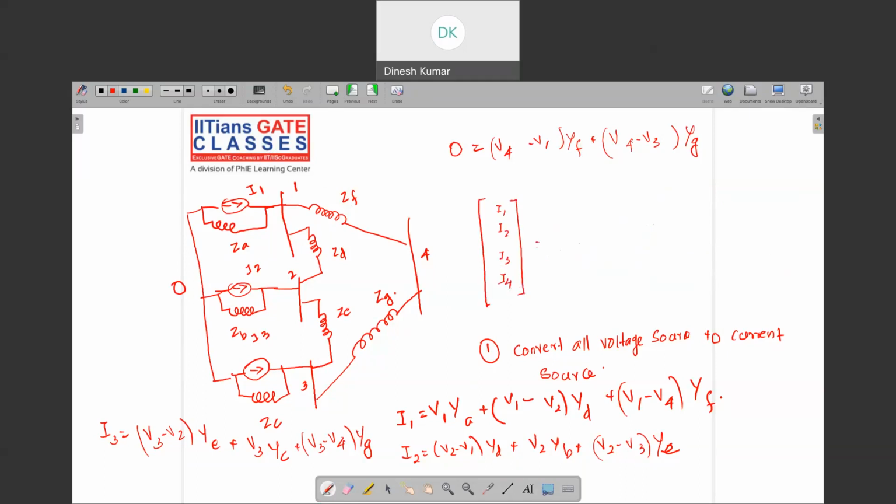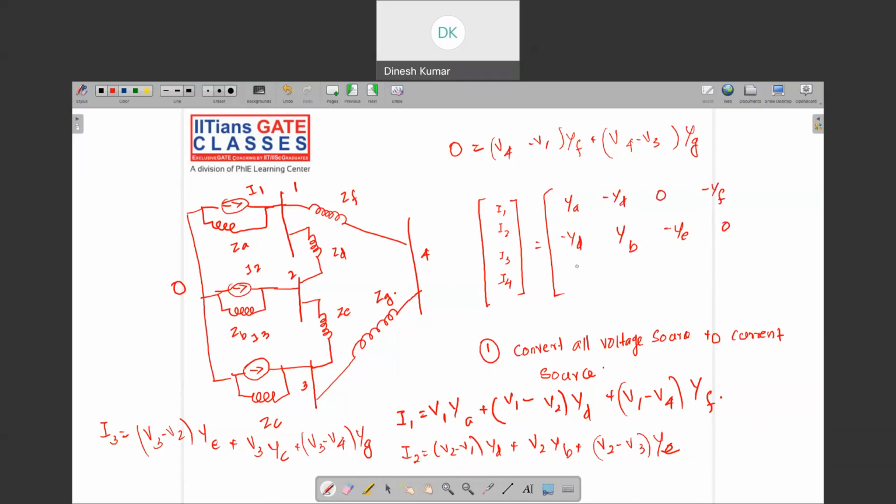We can write I1 to I4 equal to a matrix. The first row is YA, minus YD, 0, then minus YF. The second row is minus YD, then YB, minus YE, 0.